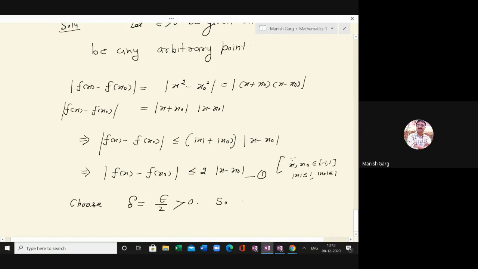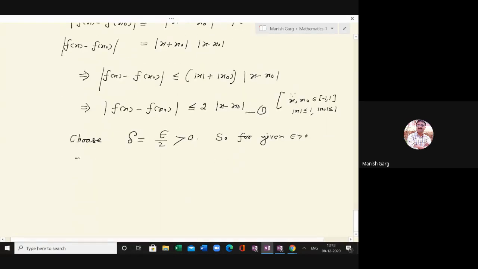So for given epsilon greater than 0, there exists a delta, this value, such that if mod x minus x naught is less than delta, the value of mod f(x) minus f(x naught) will be less than 2 delta.